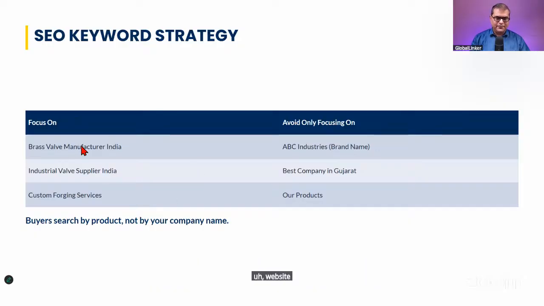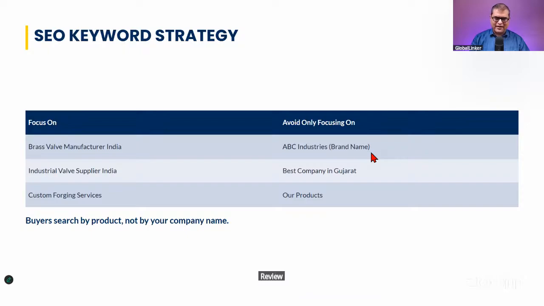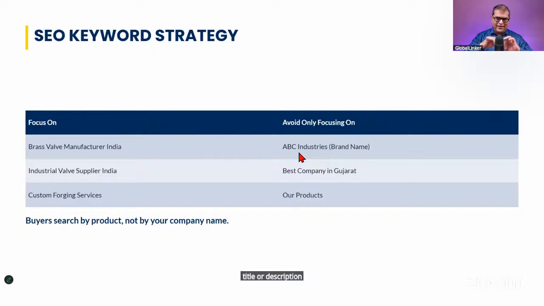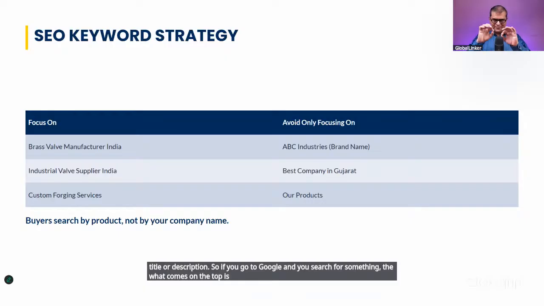Now here I've added something which was important I wanted to share with you. A lot of time when I am reviewing websites, I notice that people somehow have this very bad habit of adding the company name in the meta title or description. If you go to Google and search for something, what comes on the top is your meta title.